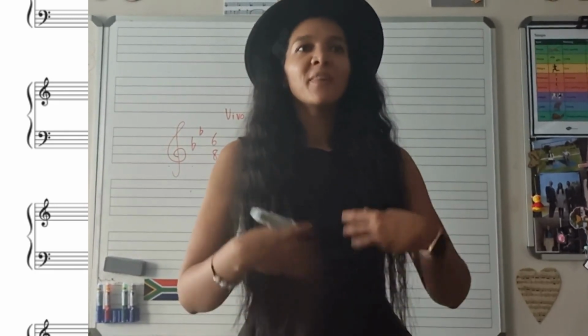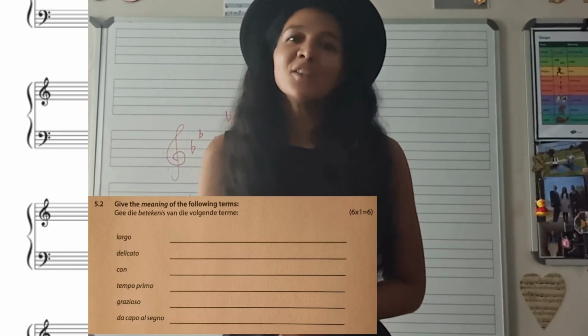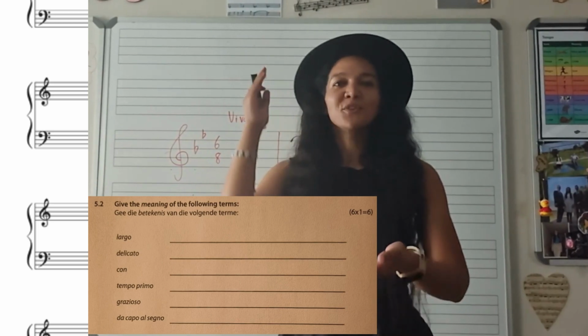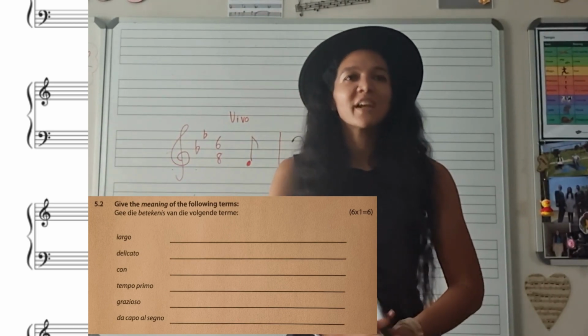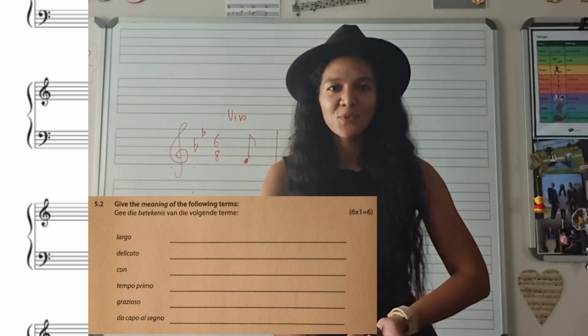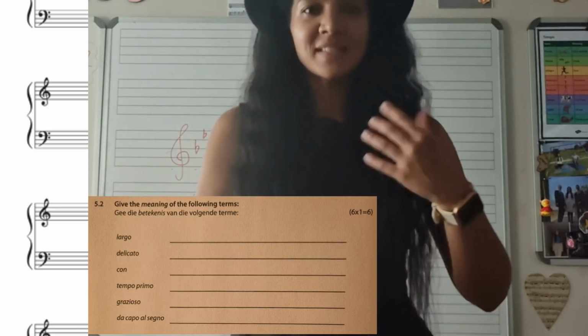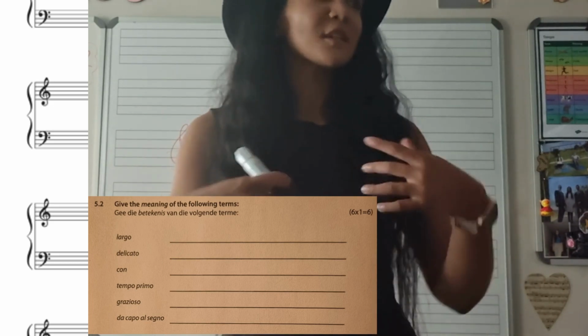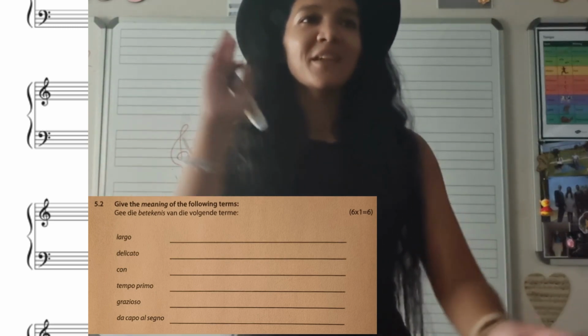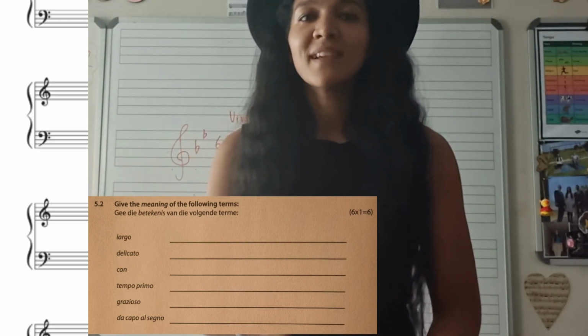Question 5.2, we are asked to give the meaning of terms. So here in grade 2, they will definitely ask you grade 2 terms. So remember to study hard. Yes, they only allocate you 1 mark per right answer, but do be sure to study your terms and signs here. So the first musical term they give us is largo, which definitely means broad and slow. Then we have delicato, which means delicately.